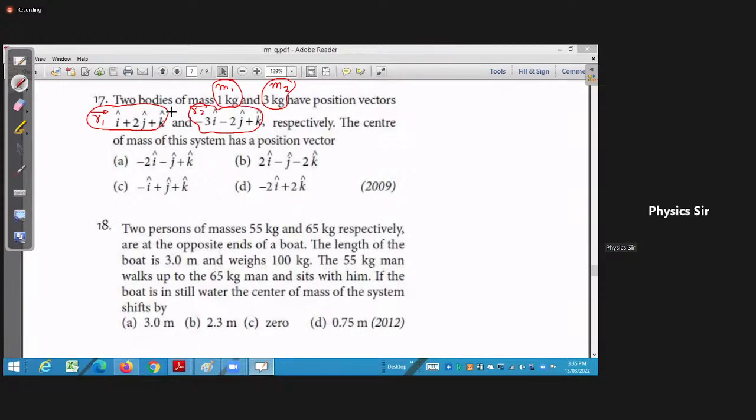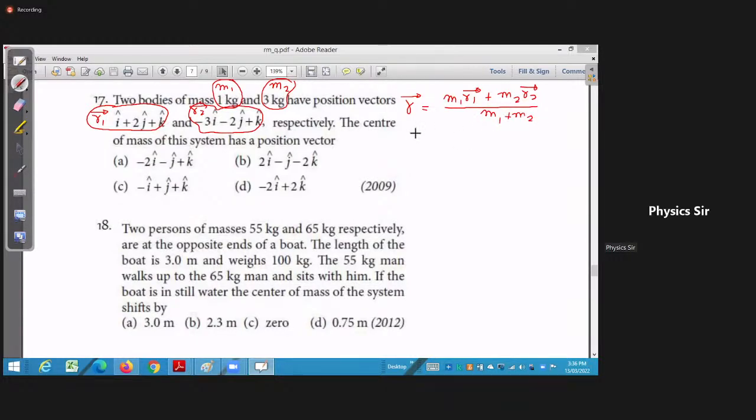So we have seen the formula for the center of mass in terms of the position vectors. It says that the position vector of the center of mass, vector R, is M1 vector R1 plus M2 vector R2, divided by M1 plus M2.